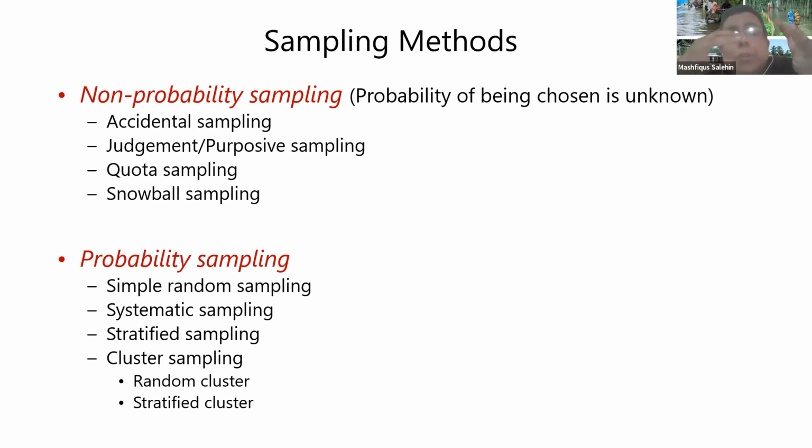That would be the target of doing a formal questionnaire, probability sampling. But in other cases, for some particular reasons, we may have to go for non-probability sampling. So it's important to understand the differences between these two major categories of sampling.